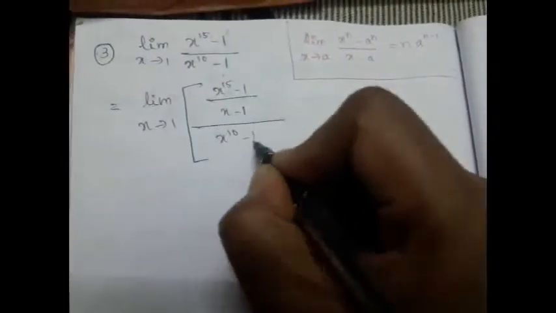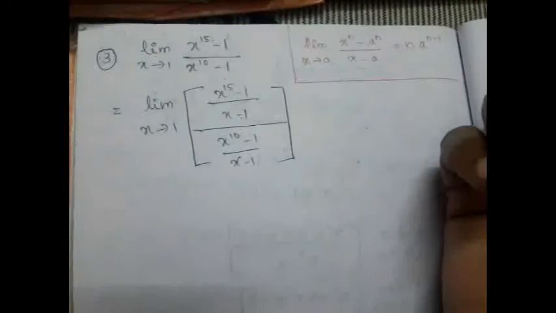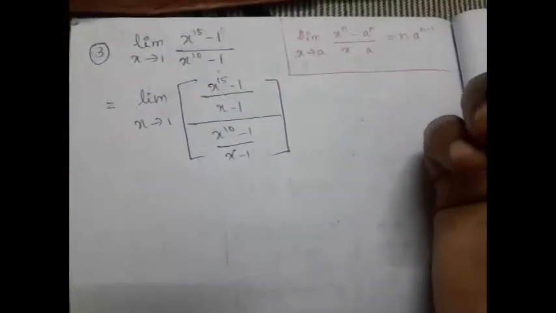We are going to divide both numerator and denominator by our required denominator, right? So limit x tends to 1, we are going to do x power 15 minus 1 divided by x minus 1, divided by x power 10 minus 1 divided by x minus 1. We are going to multiply and divide by x minus 1, right?